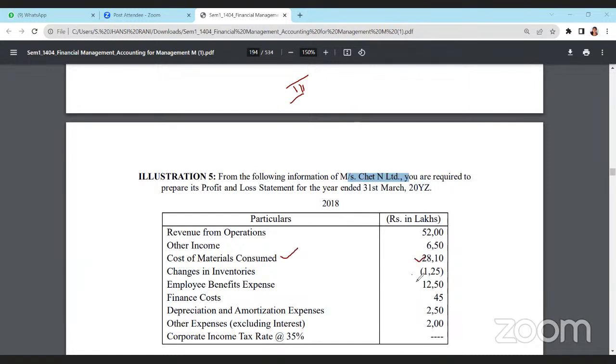Changes in inventory is also given, and it is a negative figure. You can just look at it here. Bracket means it's a negative figure, minus figure. And employee benefits expense, finance cost, depreciation and amortization expenses, and other expenses. So these all are expenses given to us.